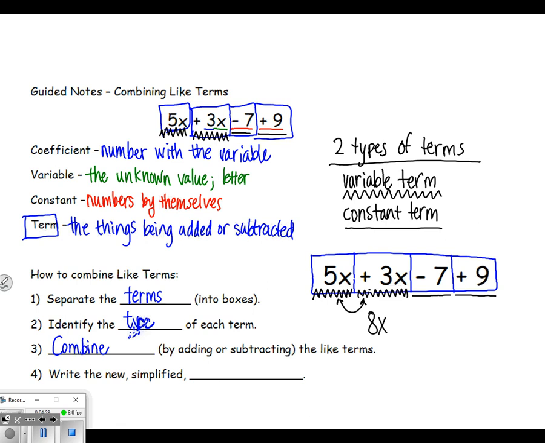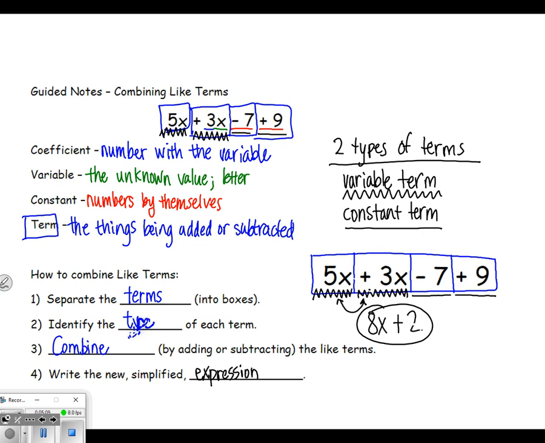And then over here, with my constant terms, I have -7 plus 9. I can switch those around and go like this, 9 minus 7, which in my head makes it easier. That gives me +2. And that is the new simplified expression right there. That's how you combine like terms.